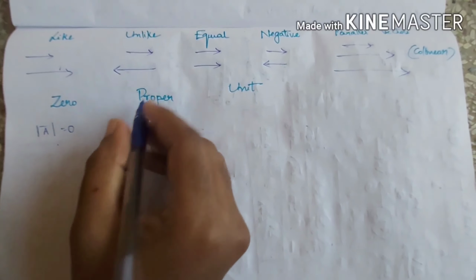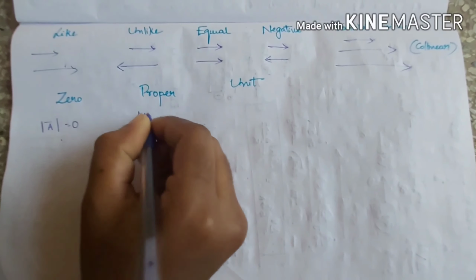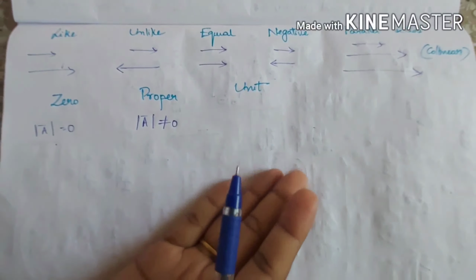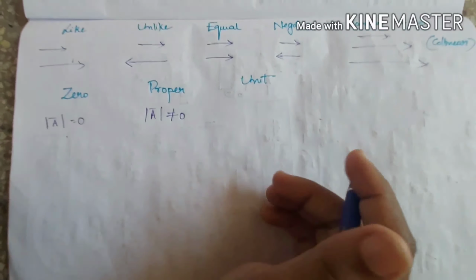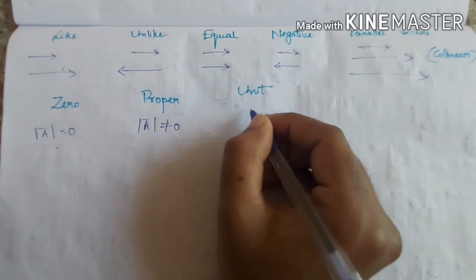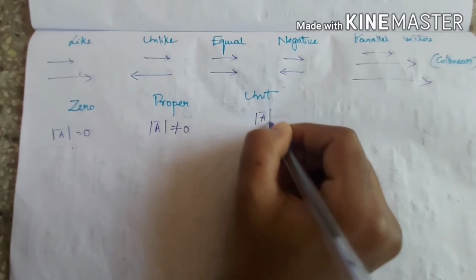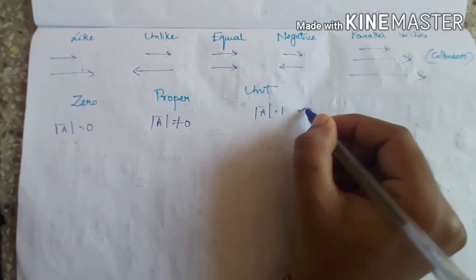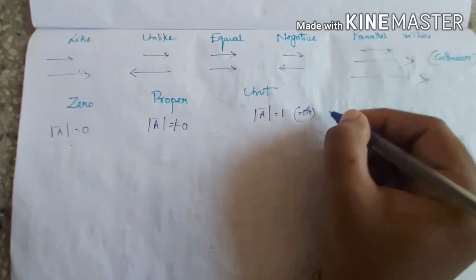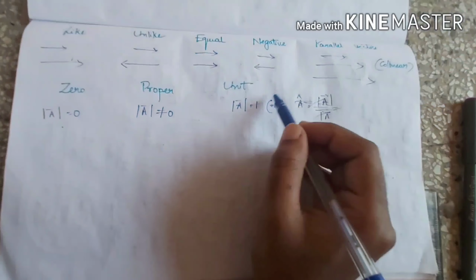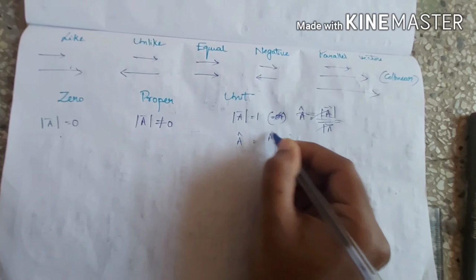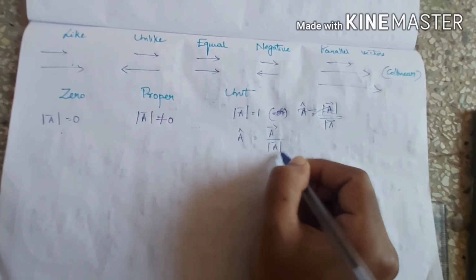Then proper vector means the magnitude of the vector is not equal to 0. There is some value for the magnitude of the vector. Whereas unit vector, the magnitude of the vector is 1, and this can be represented with a cap. Mod A is equal to 1, or A cap is equal to A bar by mod A.